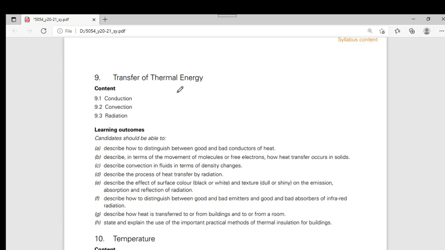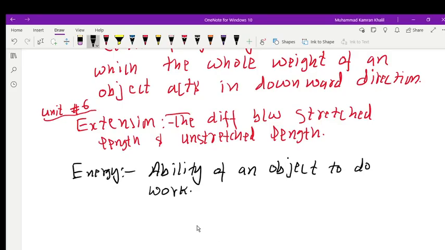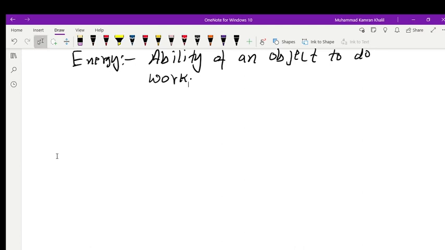So conduction: the transfer of heat energy, in which heat energy will transfer without visible movement of the particles.